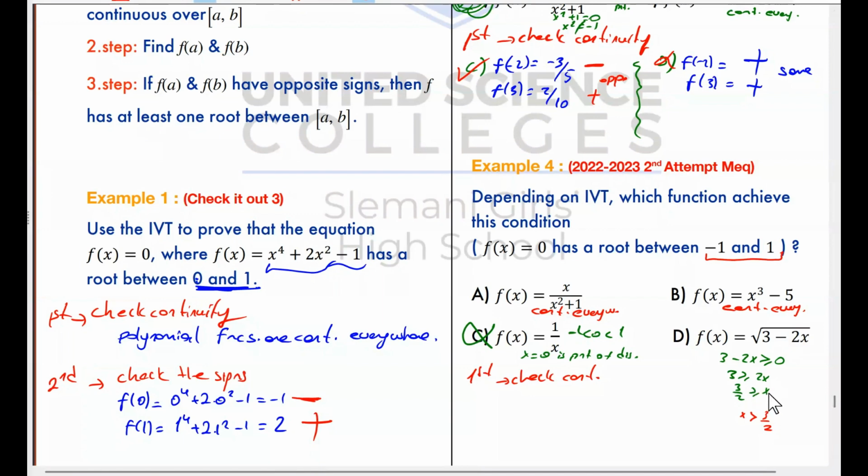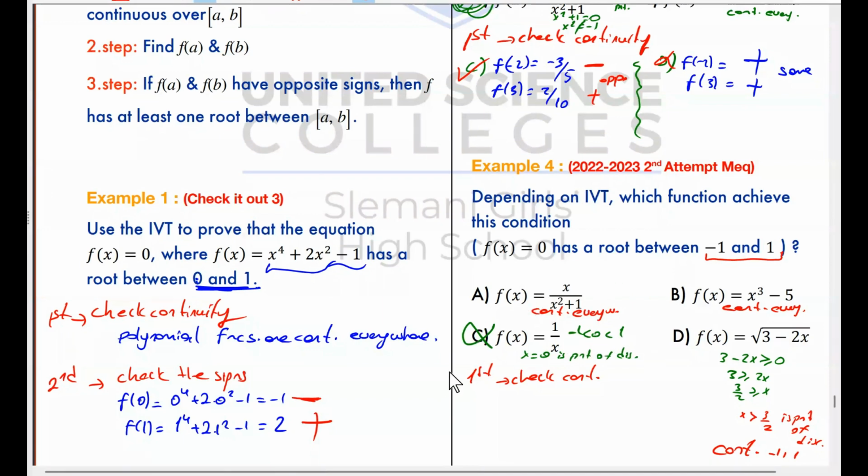So do you have numbers between negative 1 and 1 here? No. 3 over 2 is bigger than 1, so it's not in that interval. So that function is continuous over the given interval between negative 1 and 1. So I only eliminated option C. Unfortunately, I have 3 more options to go.